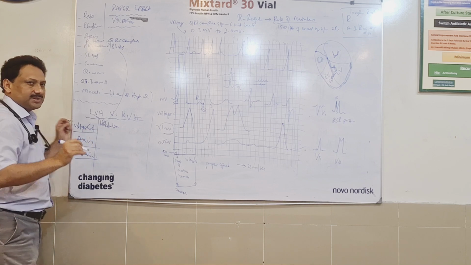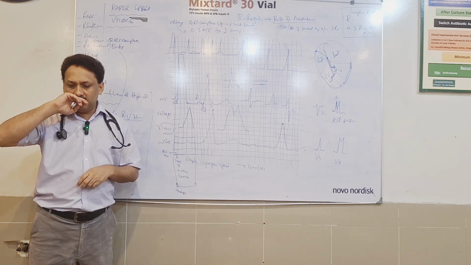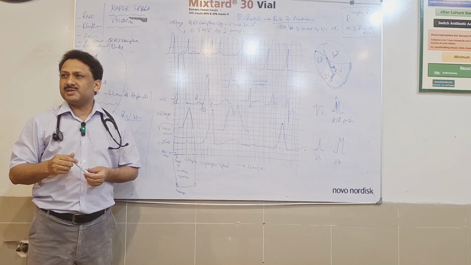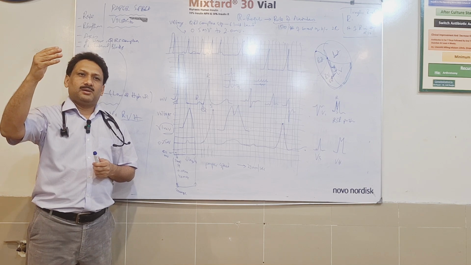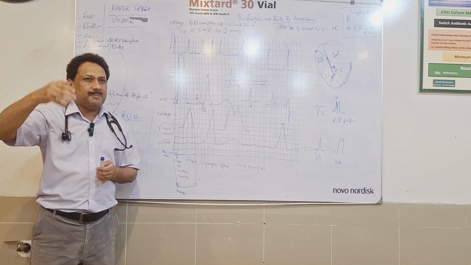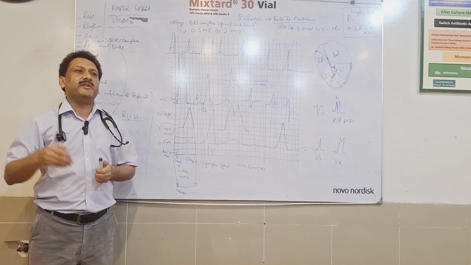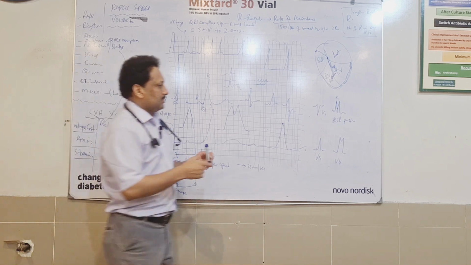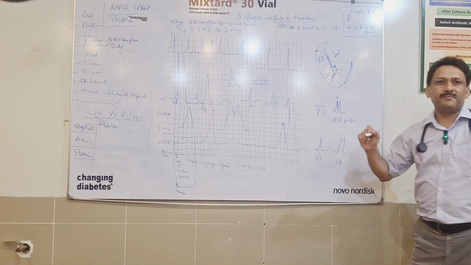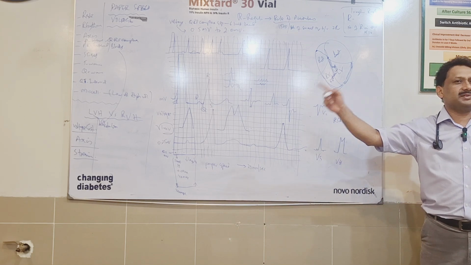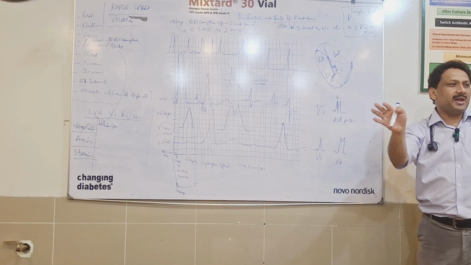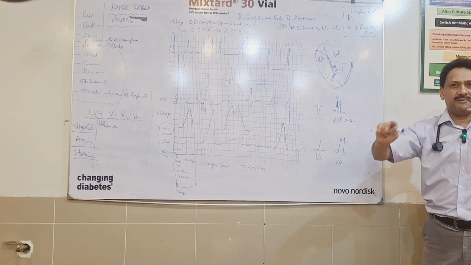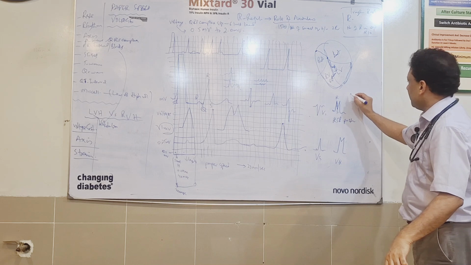The criteria states that the R wave in V5, V6, sorry, I spoke the S wave, R wave in V5 and V6 and S wave in V1, V2 greater than 35.